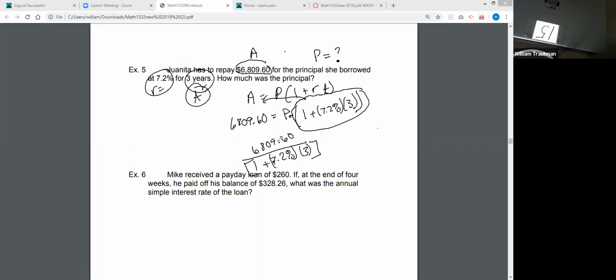Try to get it to look the same as that. 6809.60 on top, and on the bottom start a parentheses, 1 plus parentheses 7.2%, parentheses 3, and one more parentheses to close the whole thing. That's what it looked like when I put it into my calculator.